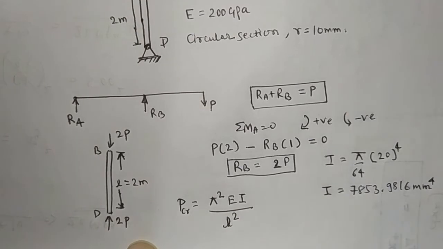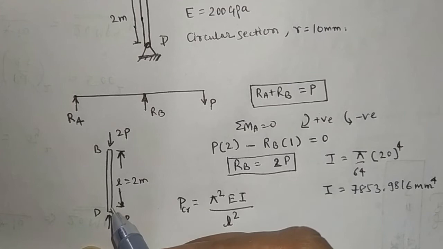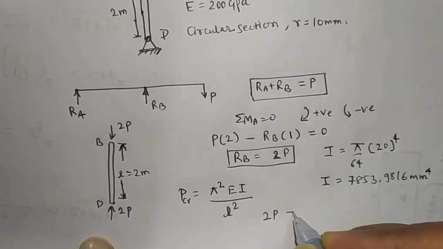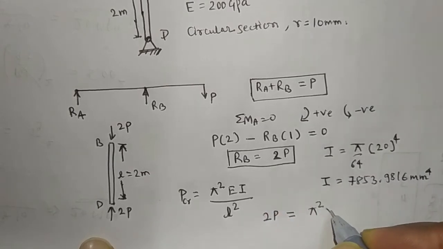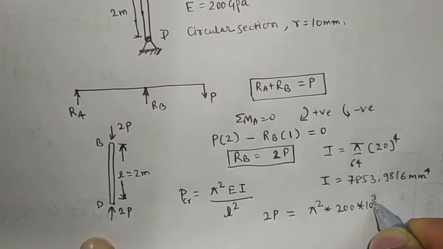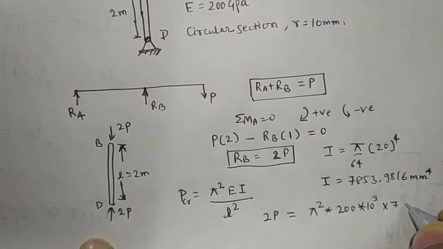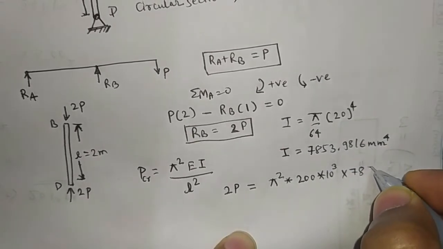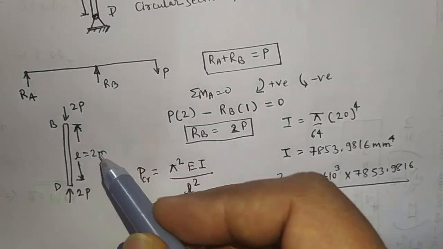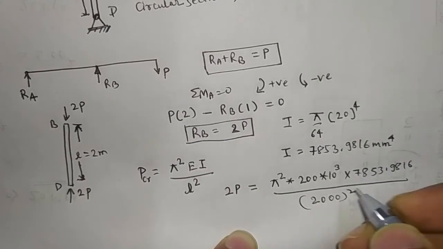So the load which is acting actually at the points B and D will be equal to 2P, which equals pi square into E, given as 200 gigapascal, in Newton per millimeter square, into I, 7853.9816, divided by length, which is 2 meter, so 2000 millimeter square.